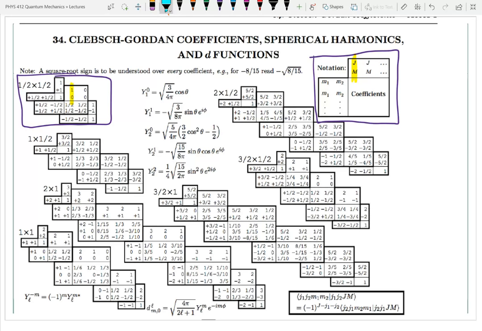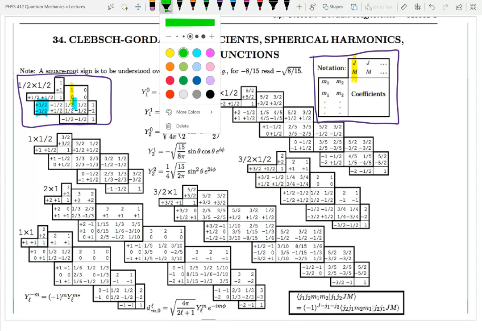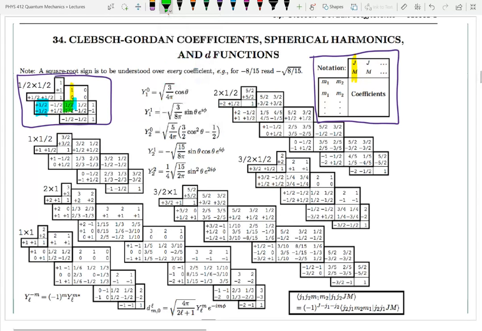I did this before class. For the two particles, we're looking at these, and then finally, we have these for the coefficients.